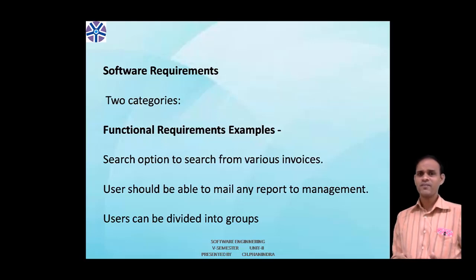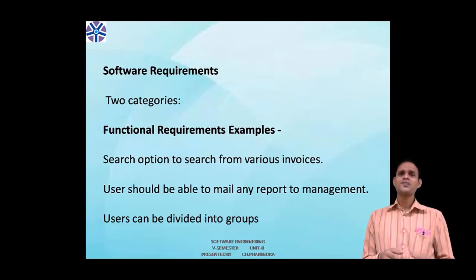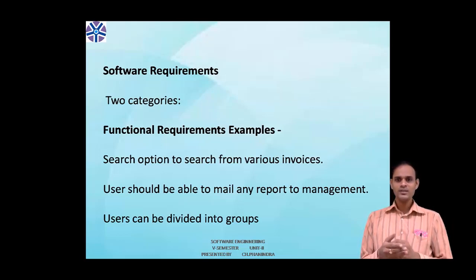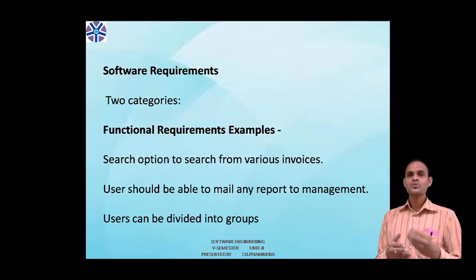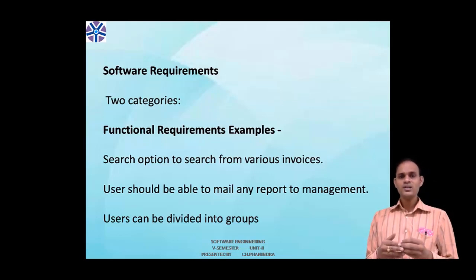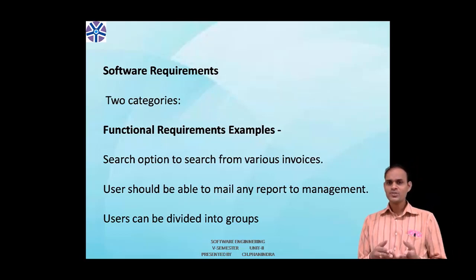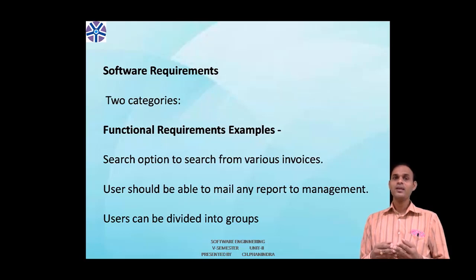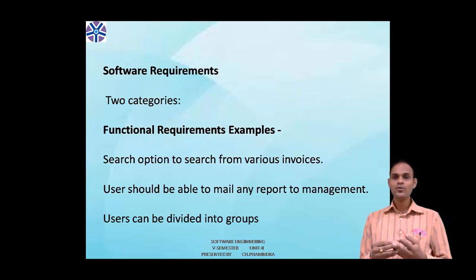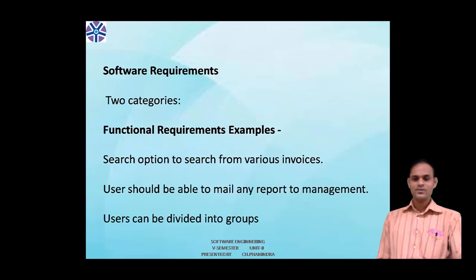Some examples of functional requirements: a search option given to the user to search from various invoices; the user should be able to mail any report to management; and users can be divided into groups, and groups can be given separate rights. These are examples of functional requirements.